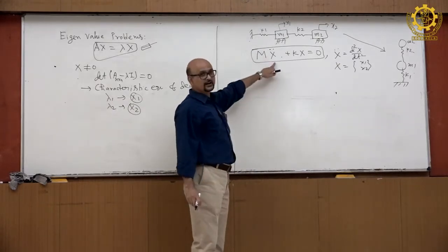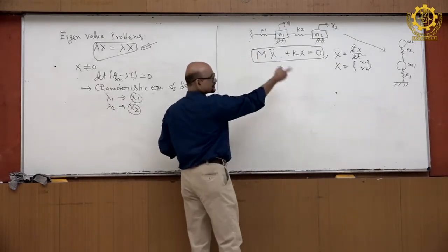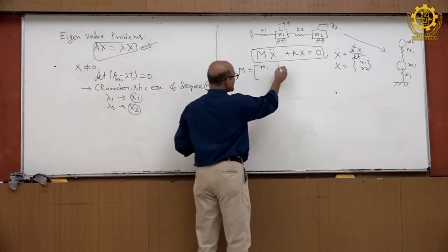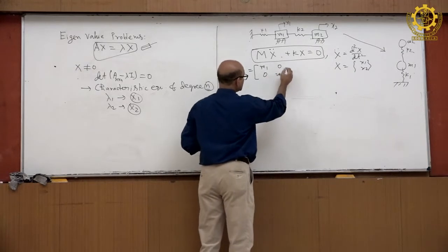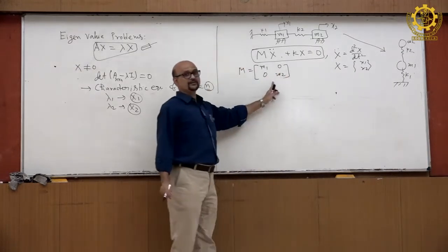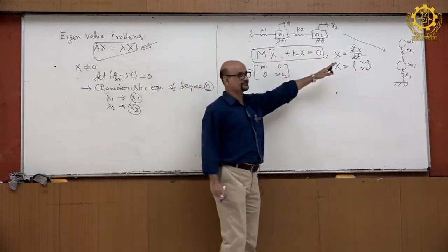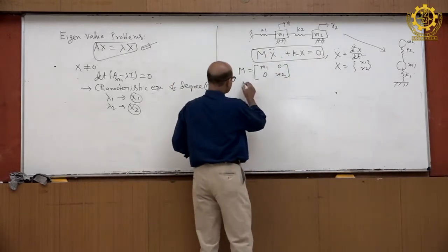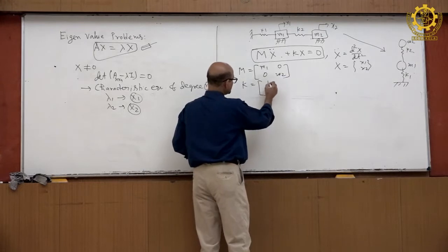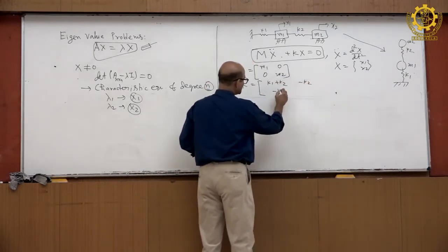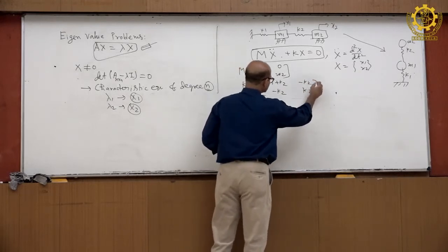From there I can derive this, where the matrices for this problem may be given as M equal to m1 0 0 m2. You see, this matrix is a diagonal matrix, where the diagonal elements are m1 and m2, the masses. K is k1 plus k2, minus k2, minus k2, k2.